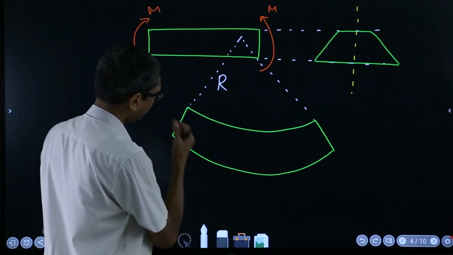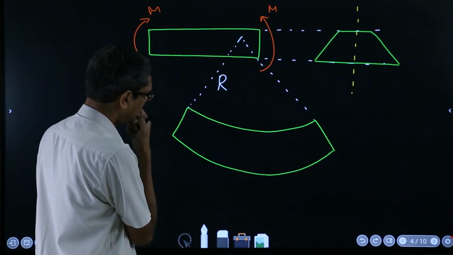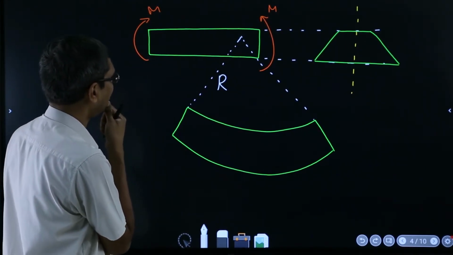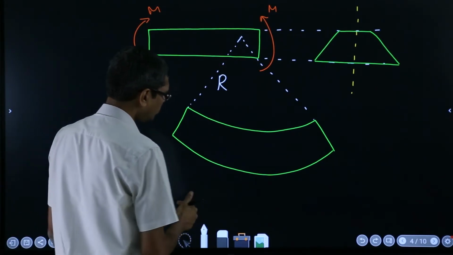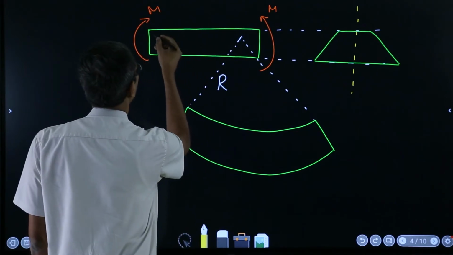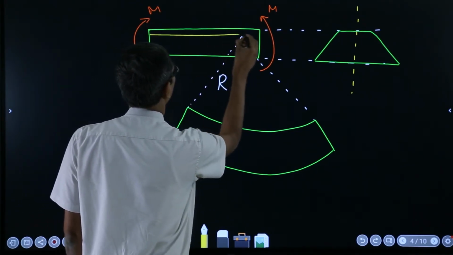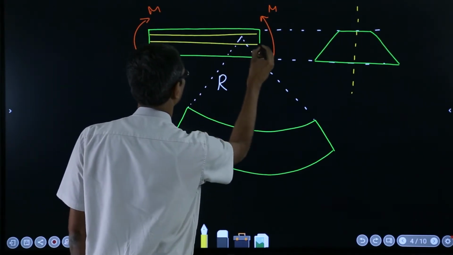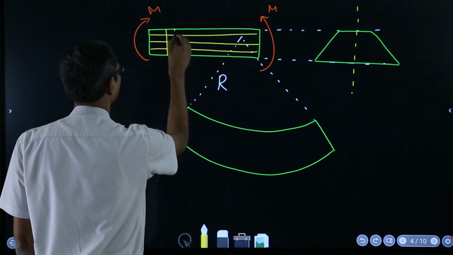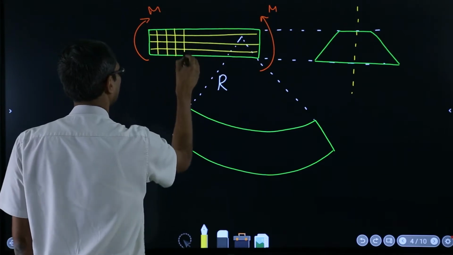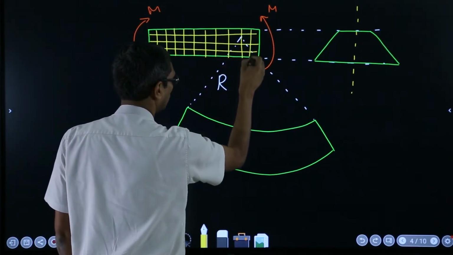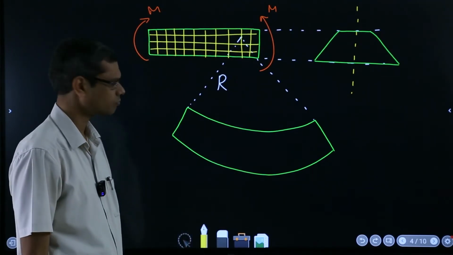And if that happens, what other thing can happen? Yeah, suppose you had drawn some lines over here, okay, for example like this you had drawn, and like that. These are just lines which you had drawn on that beam.